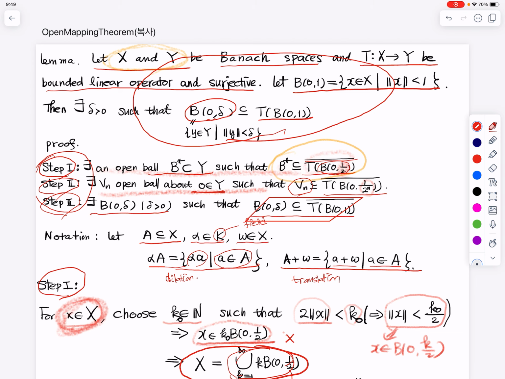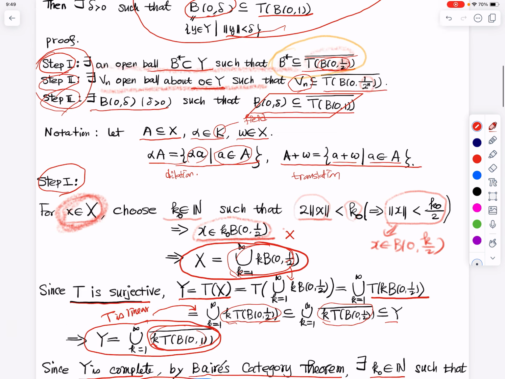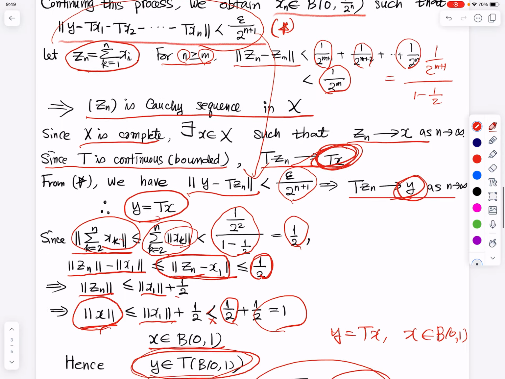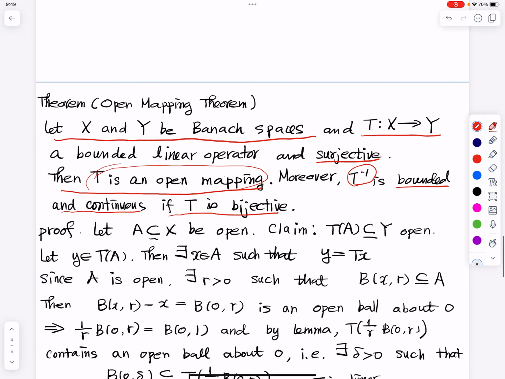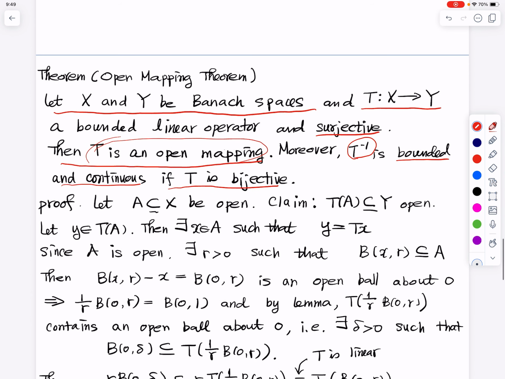So now we are in a position to prove our open mapping theorem. We want to prove T is an open map. So let's take any open subset A in X. Our claim is to prove TA is an open set.